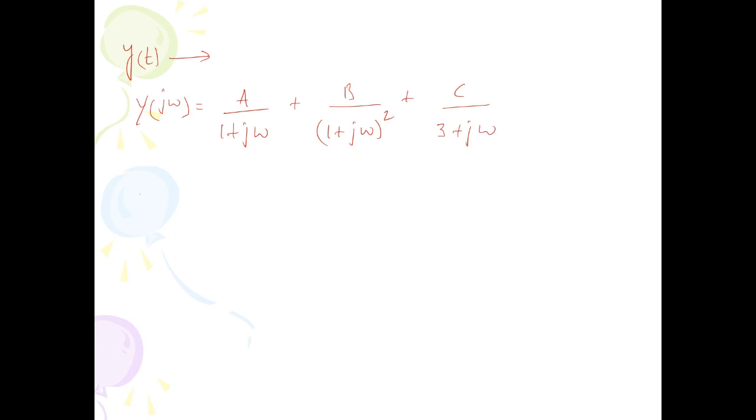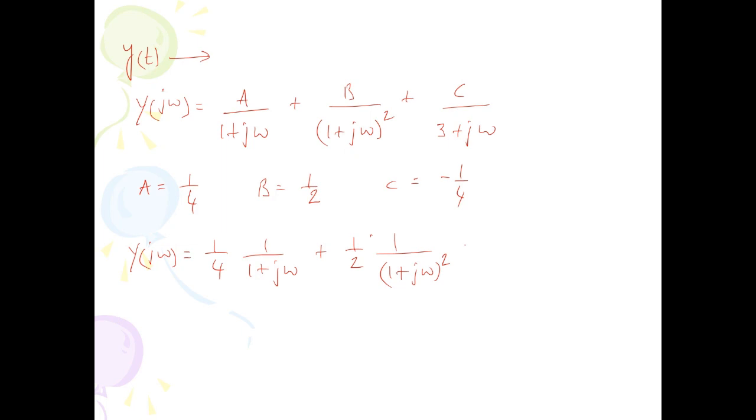After simplifying these a, b, c values, a is equal to 1 by 4, b is equal to 1 by 2 and c is equal to minus 1 by 4. So Y(j omega) equals 1 by 4 into 1 by (1 plus j omega) plus 1 by 2 into 1 by (1 plus j omega)^2 minus 1 by 4 into 1 by (3 plus j omega).